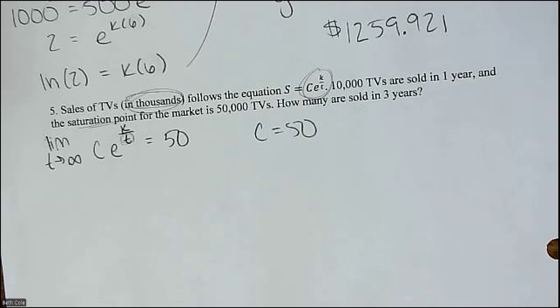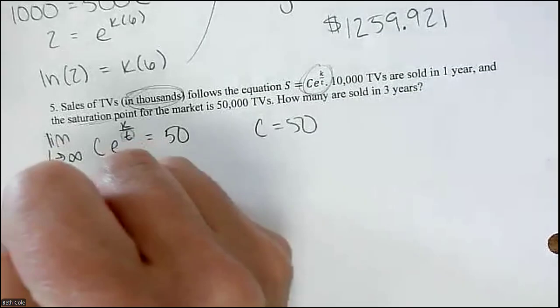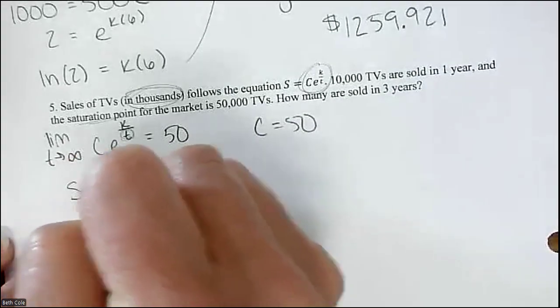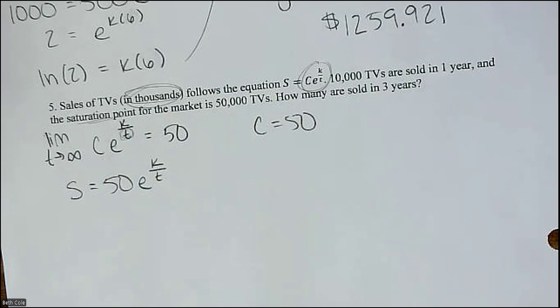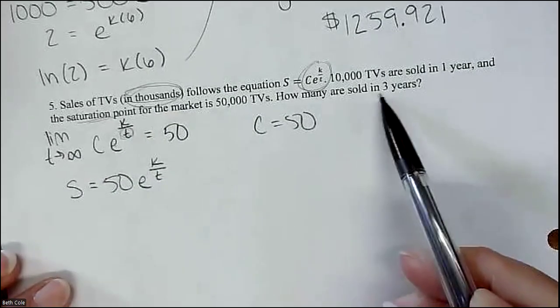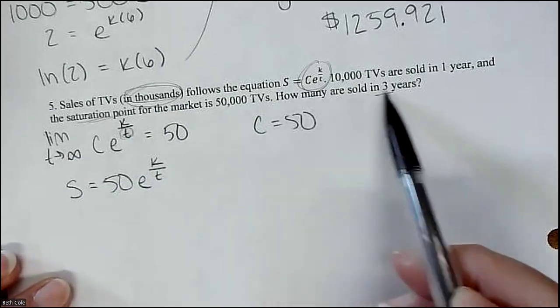Okay. So let's go ahead and rewrite our equation. It's going to be S equals 50 e to the power K over T. And I still need to find that K value. That's like the thing that we're missing. So what else did they tell us in the equation that I could start like plugging some stuff in? Well, I can't plug in the 3. That's my final answer thing.